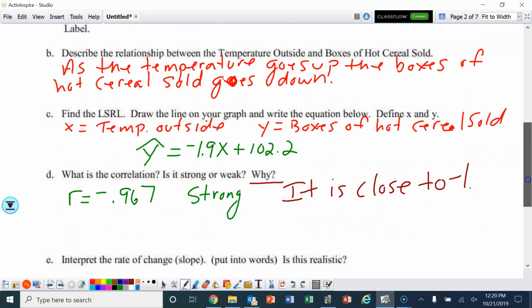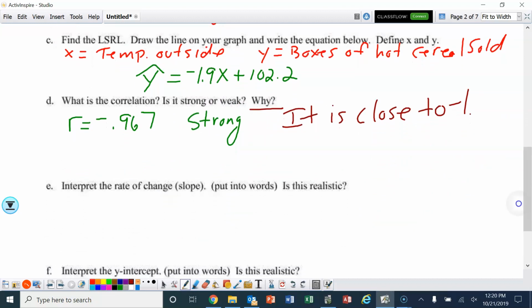All right. Interpret the rate of change. Well, first of all, the rate of change is the negative 1.9. So how do we interpret that? So now remember what X is. X is the temperature outside, all right?